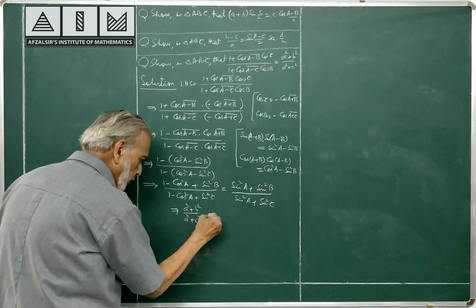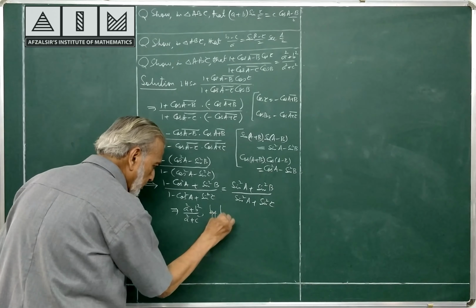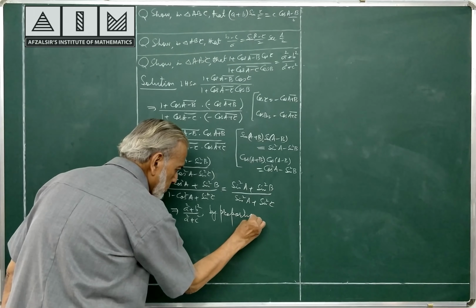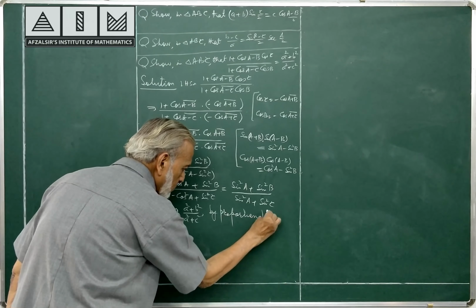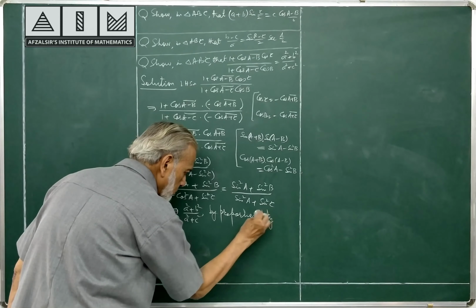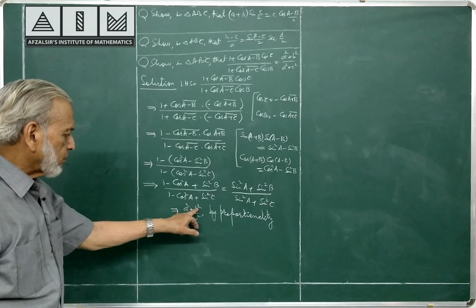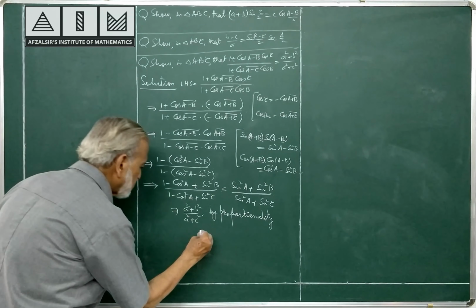You can write it if you want by proportionality. Though not necessary, yet I have written a square plus b square by a square plus c square. This is your right hand side.